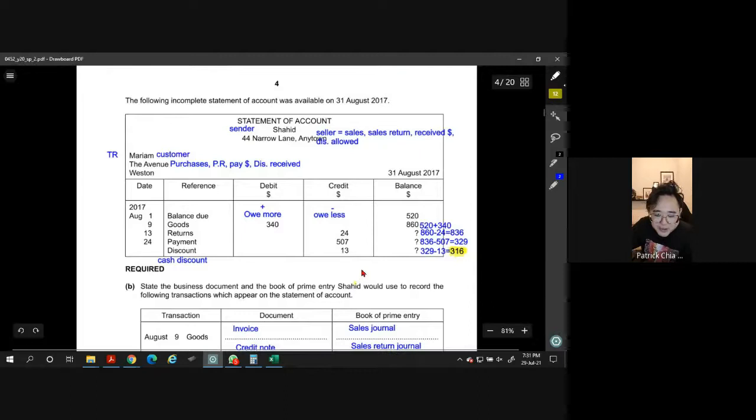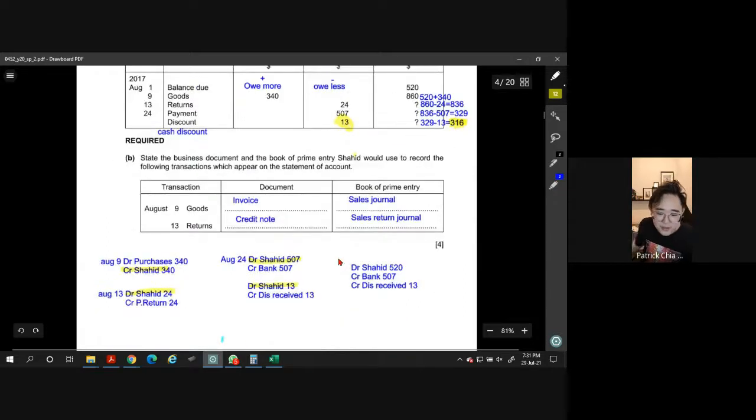Can I just do one last part here? Sometimes there are questions that work reversely and ask you, what is the percentage of the discount for this $13? Sometimes they just ask what's the percentage of the discount given. Here's a double entry.